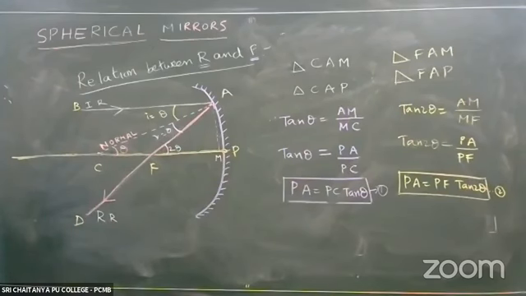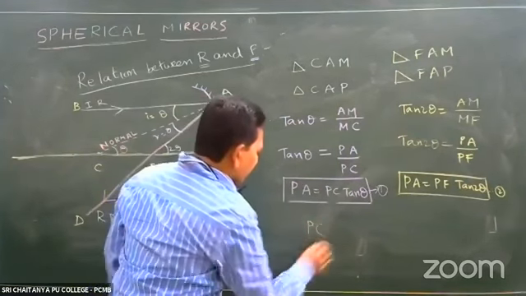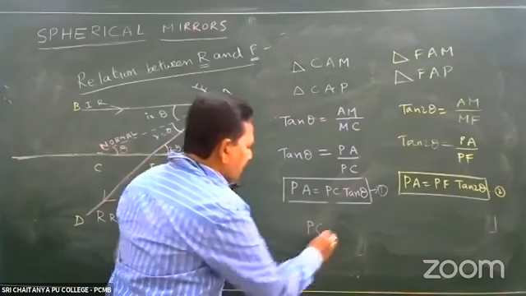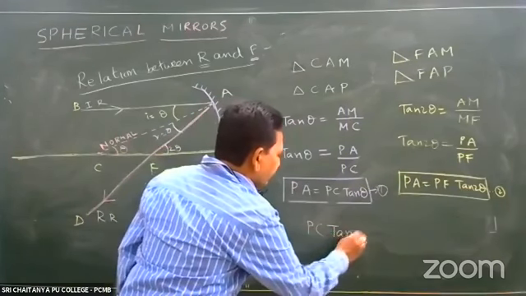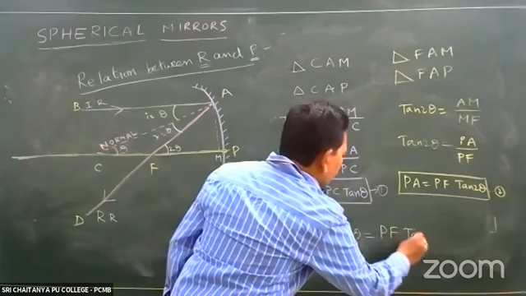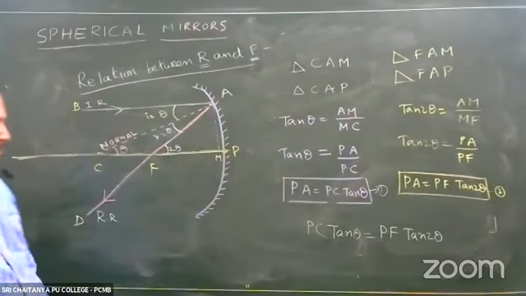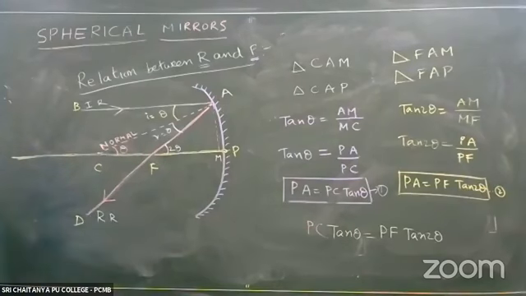Comparing equations 1 and 2, PC tan theta is equal to PF tan 2 theta.